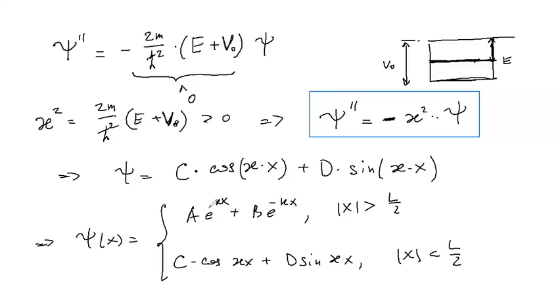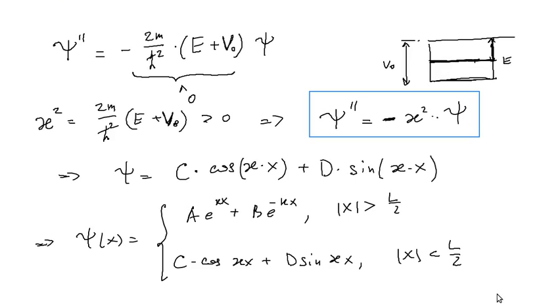What happens to the A term when I go to infinity? If x is very large, it goes to infinity. What happens to the B term if I go to infinity? It goes to 0.